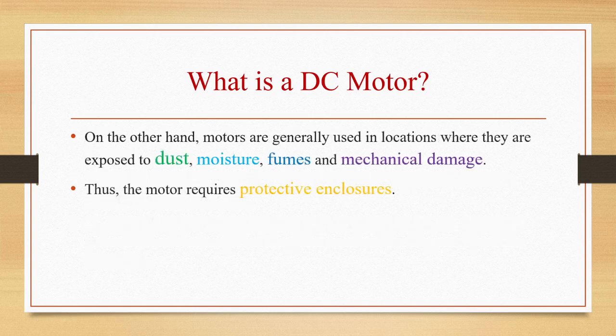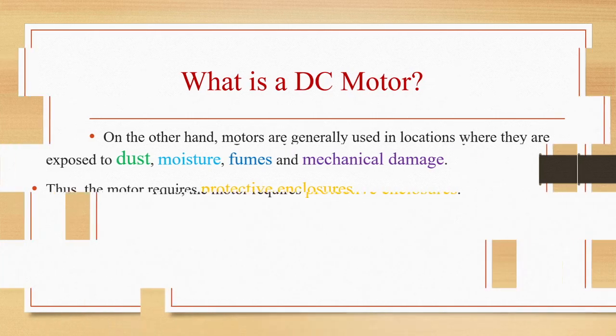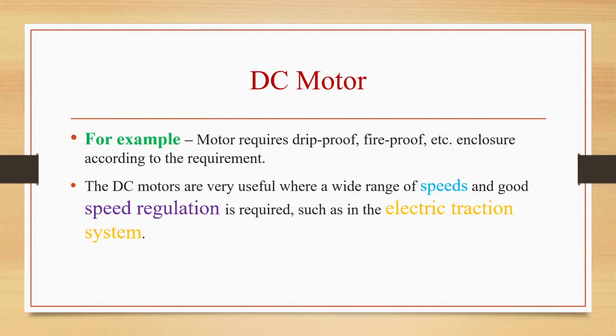On the other hand, motors are generally used in locations where they are exposed to dust, moisture, fumes and mechanical damage. So motor requires protective enclosures. For example, motor requires drip proof, fire proof, etc. enclosure according to the requirement.